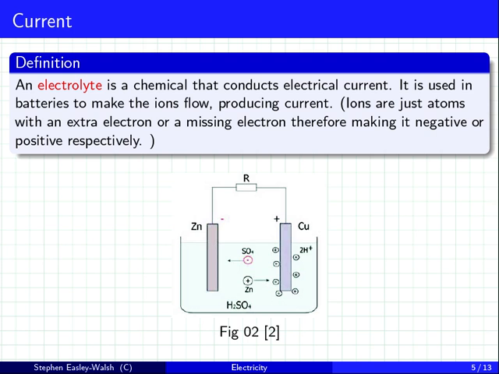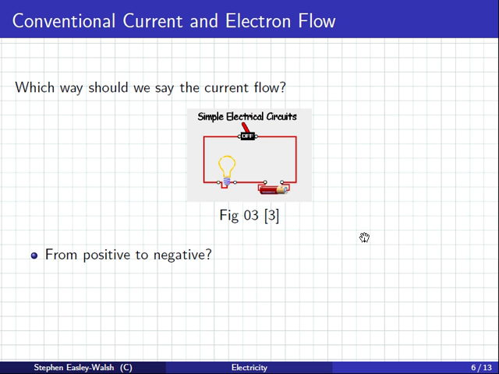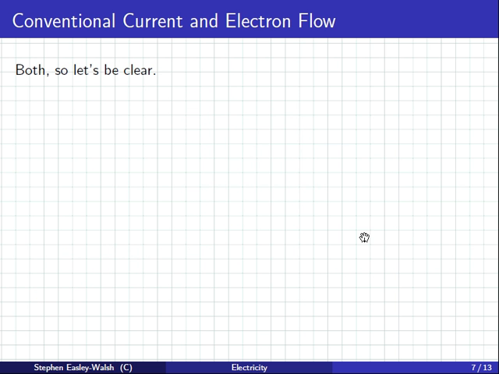Okay, so which way should we say the current flows? In this diagram here, do we say it flows from positive to negative, or from negative to positive? It's both. So let's be clear.